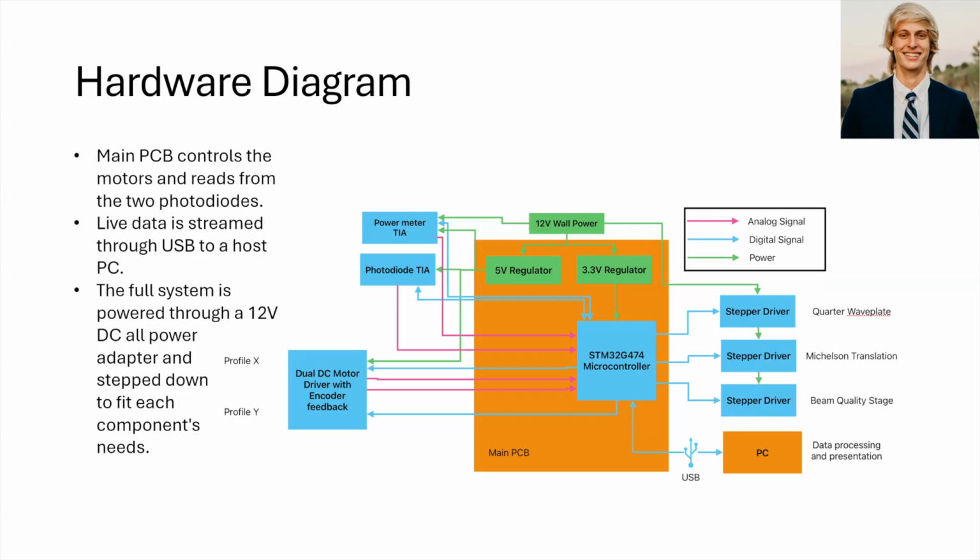The 12-volt power also goes directly into one of the TIAs and all three of the stepper drivers. There is also 5 volts going to a DC motor controller for our profiling stage, and all of the data that is collected and processed from the photodiodes is communicated through USB back to a PC for processing and presentation.